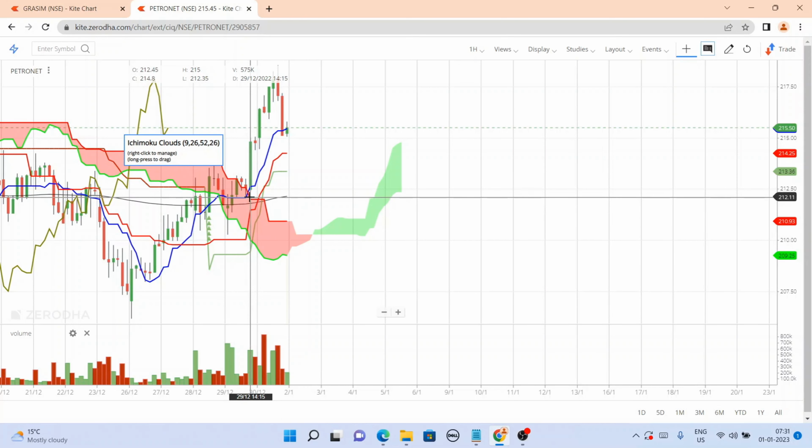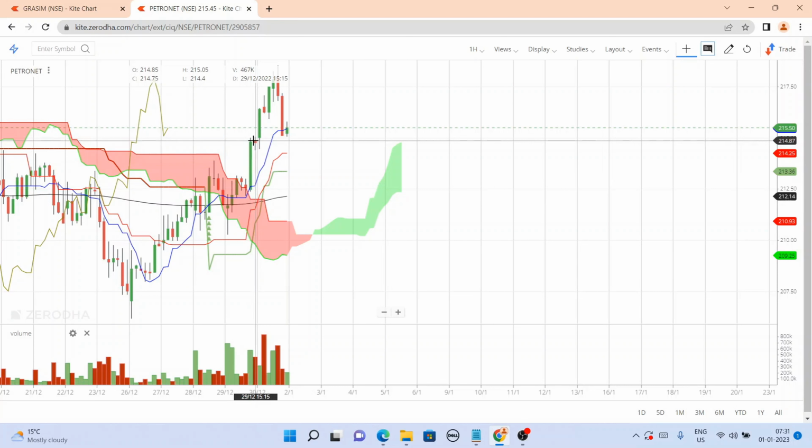So as you can see here on 29th, I had a long trade which was around 212, and then on an intraday basis it hit 215, which is again a very good return of more than 1.5% for an intraday trade.